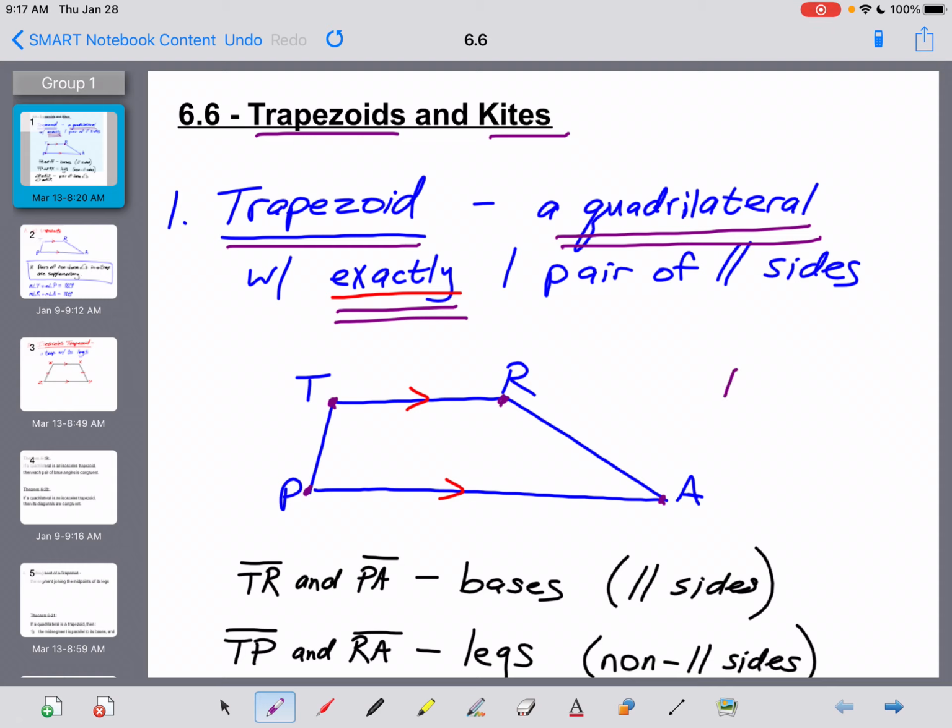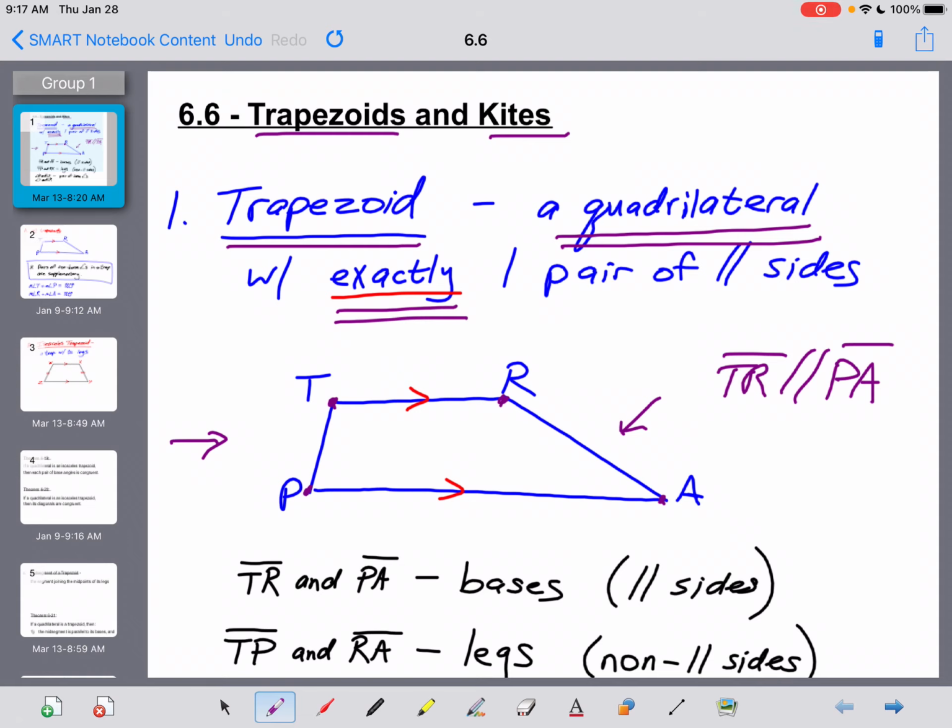Line segment TR up here on the top is parallel to line segment PA down here on the bottom. But what's important to note is that line segment TP over here on the left and line segment RA over here on the right are pretty clearly not parallel to one another. If those two segments were parallel, we would have a quadrilateral with two pairs of parallel sides. That would be a parallelogram.